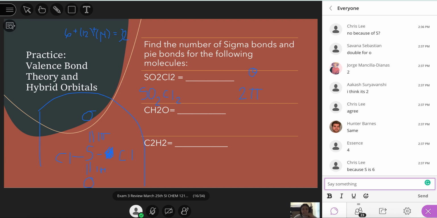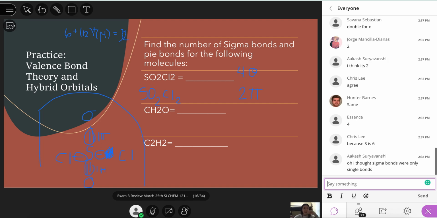So actually, it's going to be 4 sigma bonds, because you have 1, 2, 3, 4. Sigma bonds can be any bond, but it counts as 1 each time, whether it's single, double, or triple. It counts as 1.